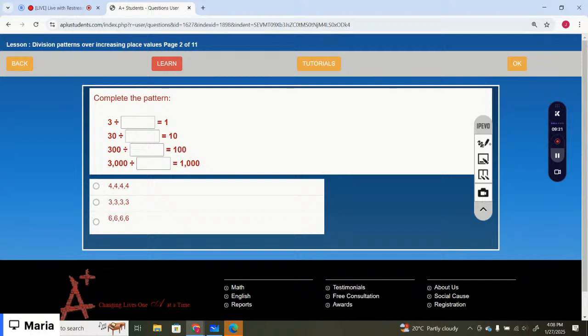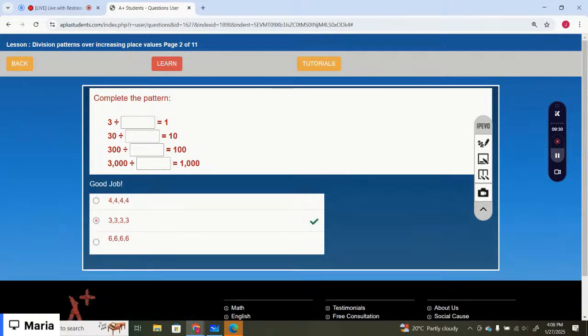The correct option is 3 divided by 3 equals 1, 30 divided by 3 equals 10. So the correct option is option number 2, that is 3, 3, 3, 3.